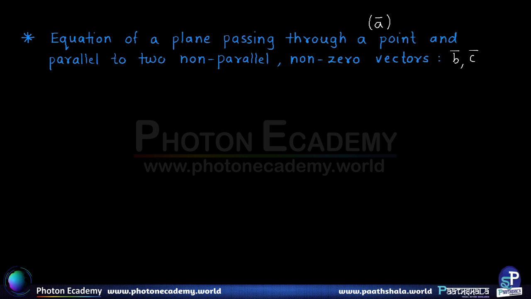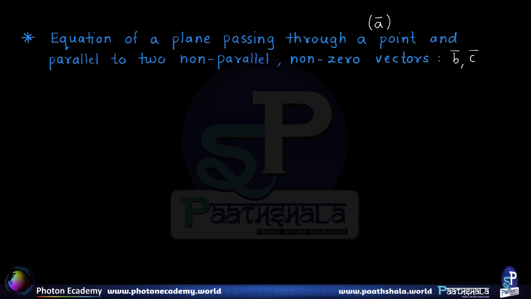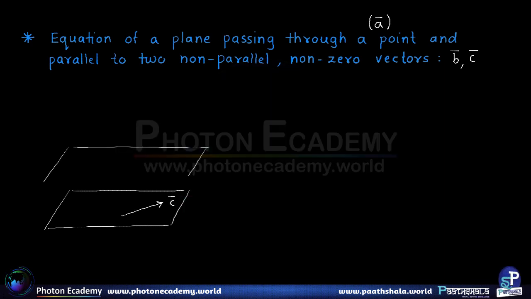So let's visualize how the plane would look and how it will be situated with reference to these two vectors b bar and c bar. In the most general form it would be something like this. Suppose we have some plane containing one vector, say c bar. On top we may have another parallel plane containing the other vector, say b bar.